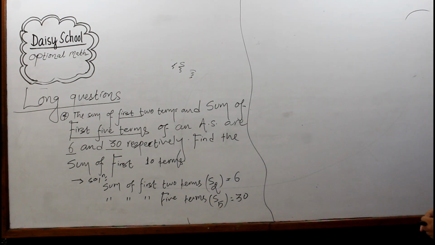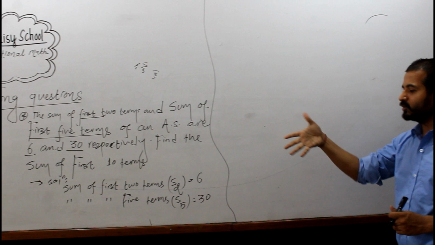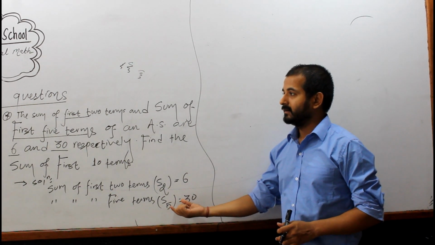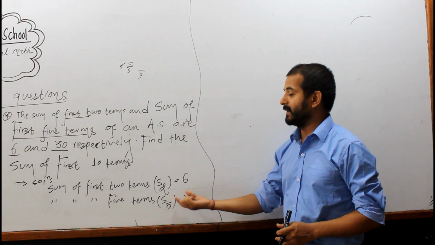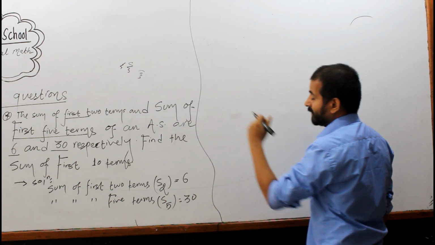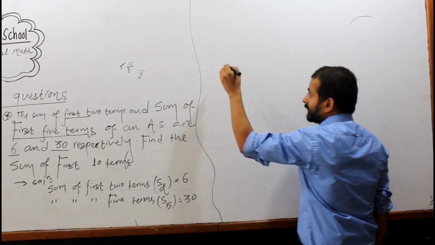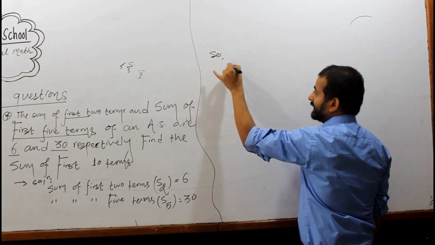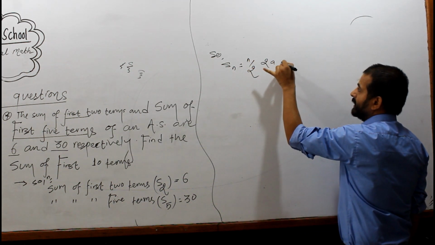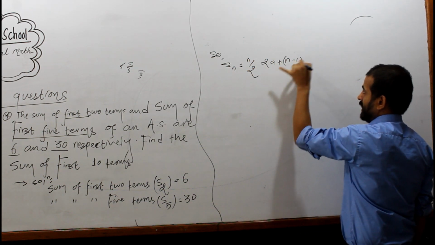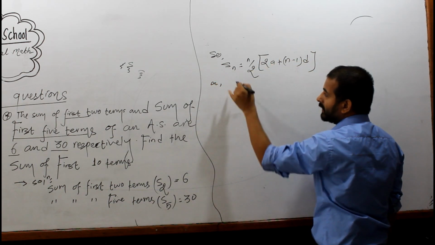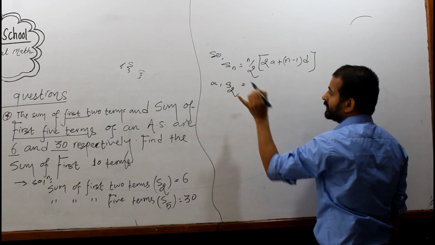Now my dear students, since the 2 sums are given, we have to use the sum formula. This is what the whole question is about, and please follow exactly like this in your other practice. So we know that Sn equals n by 2 times (2a plus (n minus 1)d).